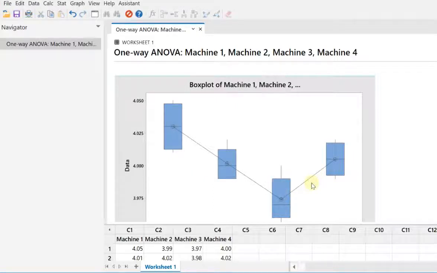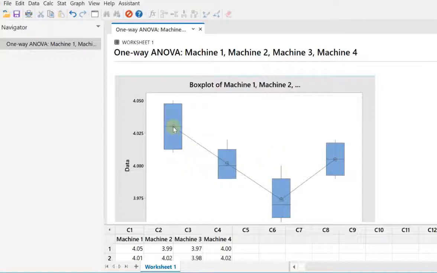If all of these means were equal, wouldn't you expect this to be a flat line? Like if all of them were at 4, the boxes would be at the same level, and if you draw a connected line, you expect a horizontal line, right? That's what it would be.